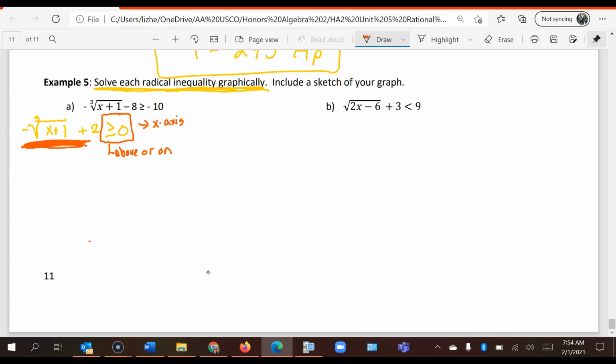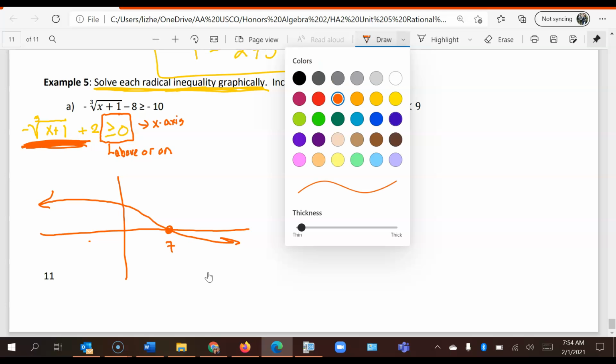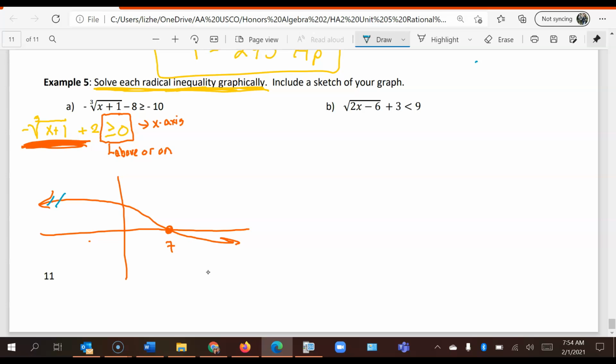So I'm going to get rid of my graph. Here it is. It went like this. Here is the 0 at 7. Now the problem says, when is the graph above or on the x-axis? Well, it is above or on the x-axis here to here to here, and it includes 0 right there. So x, in order to be above, we're to the left of 7.